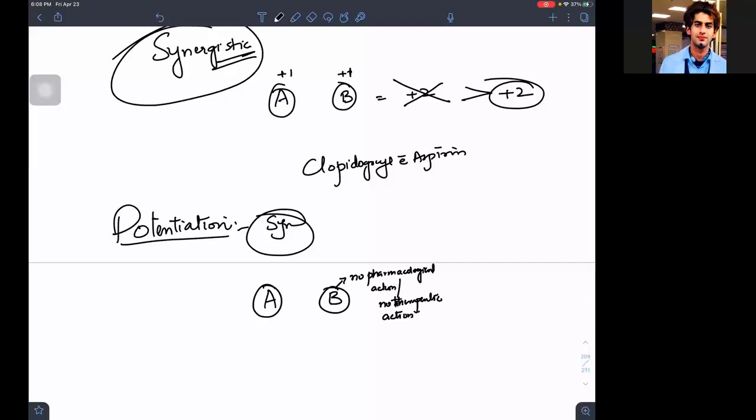But once I give this drug with A, A's effectiveness increases. Is it clear, guys? By itself it was nothing. But once you joined it with someone, you gave a beautiful effect. You made that person high.